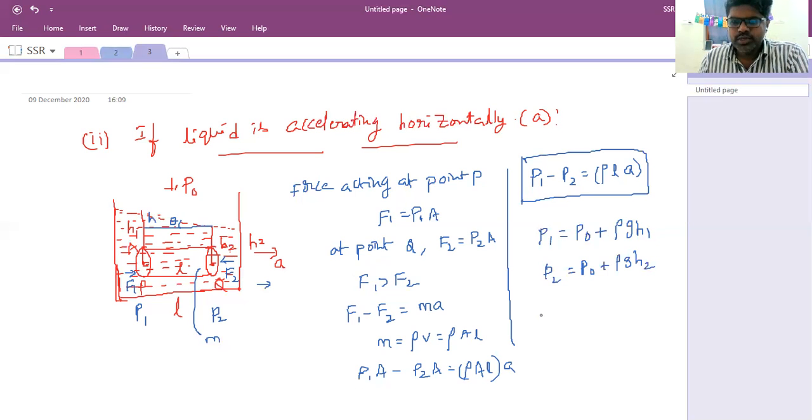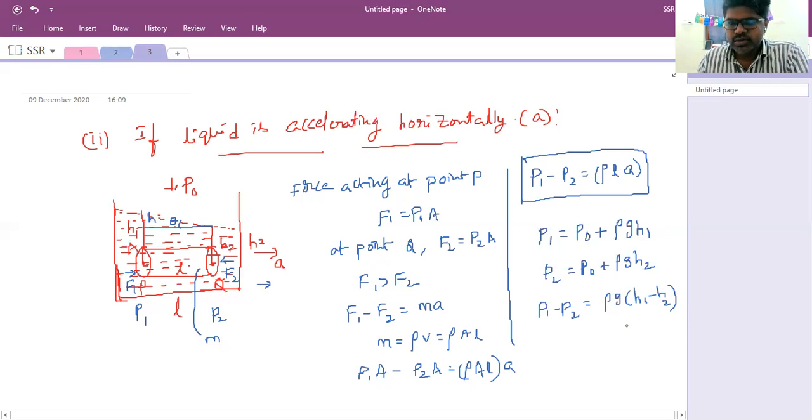Then P1 minus P2 is equal to, P0 cancels, rho g into H1 minus H2. Then you can substitute this as equation 1 and equation 2. P1 minus P2 equals rho g into H1 minus H2, which is equal to rho L a.